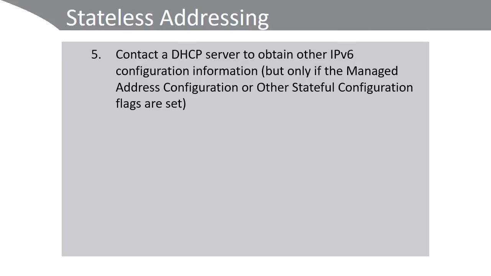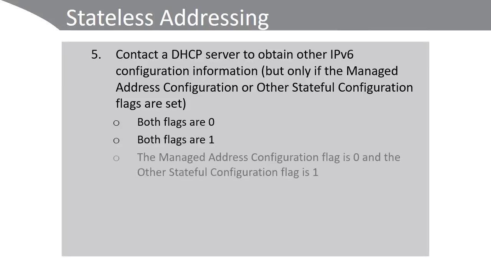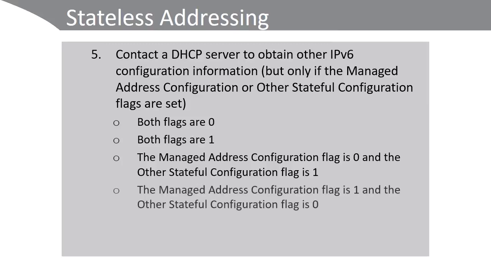Now, whether or not it performs step 5 here is dependent upon whether the managed address configuration or other stateful configuration flags are set. These are IPv6 configuration parameters, I suppose. If both flags are 0, both flags are 1, the managed address configuration flag is 0 and the other stateful configuration flag is 1, the managed address configuration flag is 1 and the other stateful configuration flag is 0.